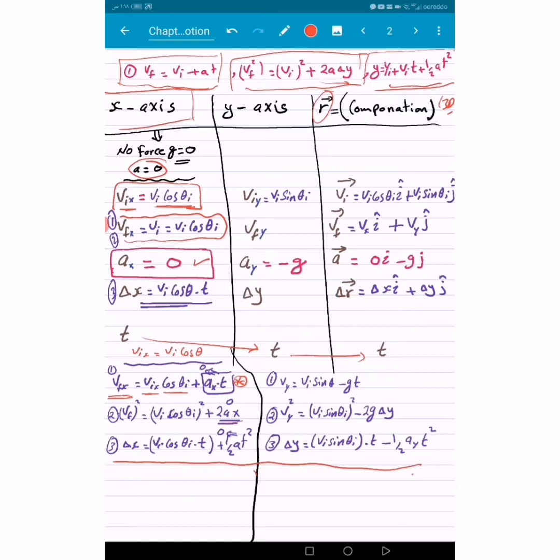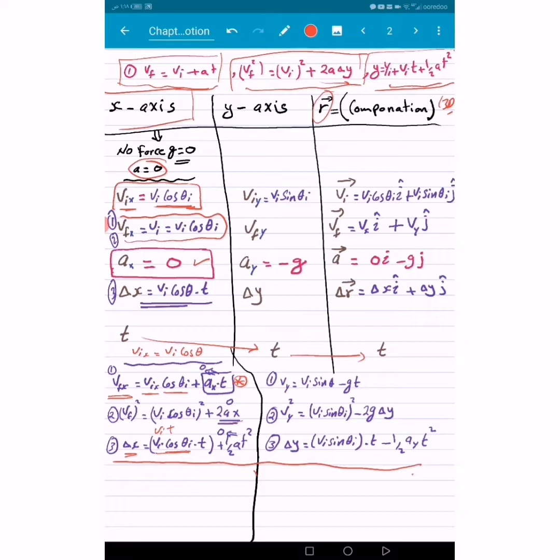Delta x, from this equation, here put delta x equal to V initial x t. When the object moves, this part is equal to 0. So that means V initial x t, V initial cosine theta t.